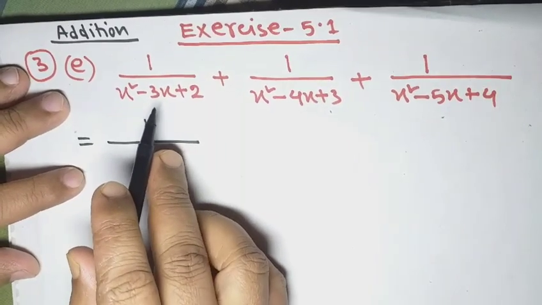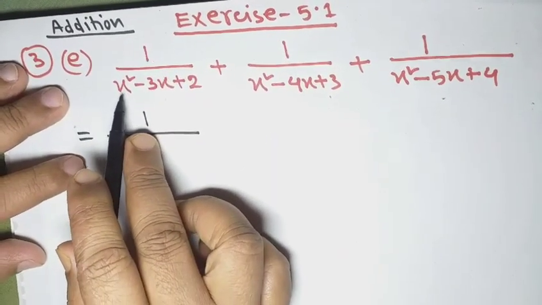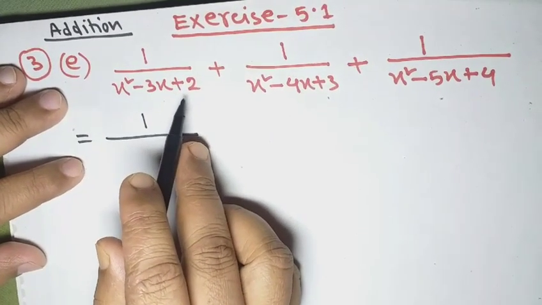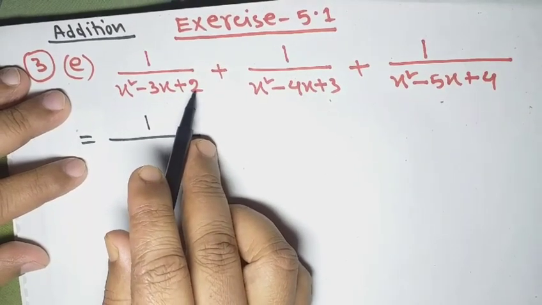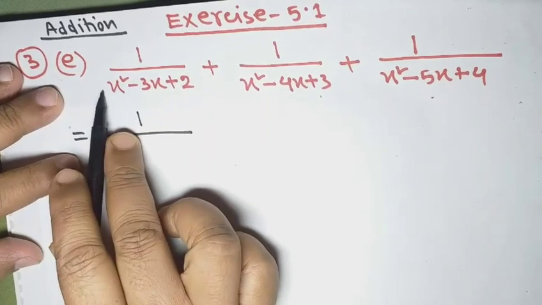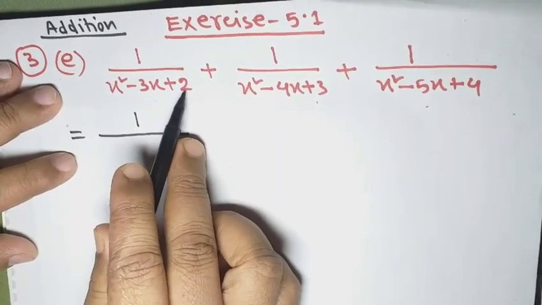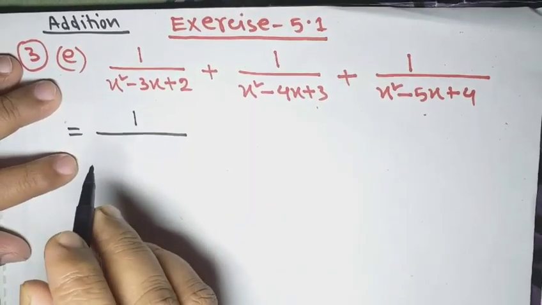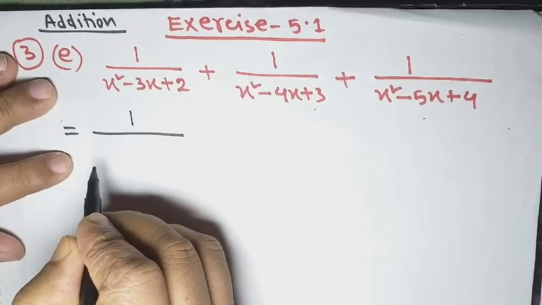So if we break down these factors by using the middle term, here is 2, here is 1, coefficient is 1, so 2 1s are 2. 2 is a prime number, so it only has 2 factors, 2 1s are 2.